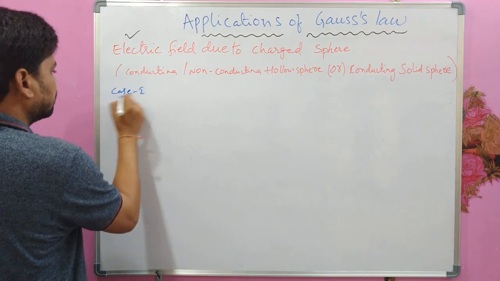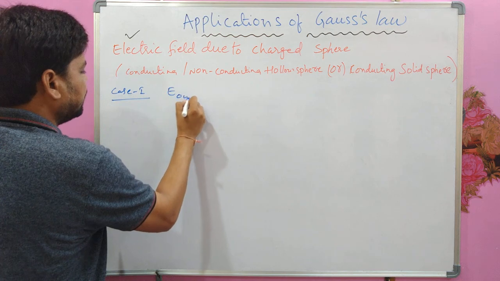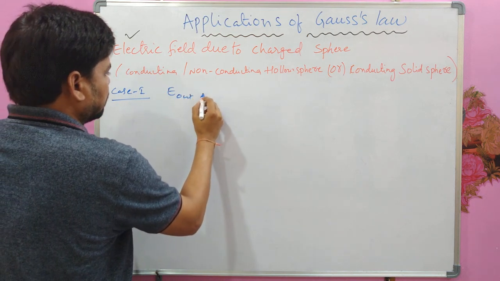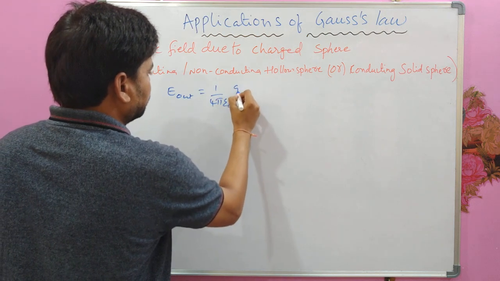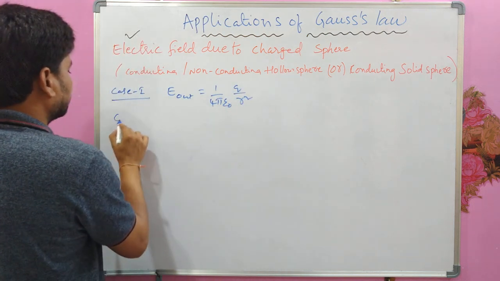Case 1, E outside equal to 1 by 4 pi epsilon naught Q by r square.